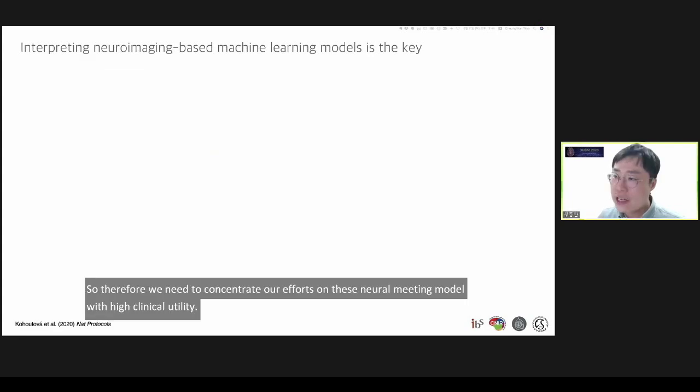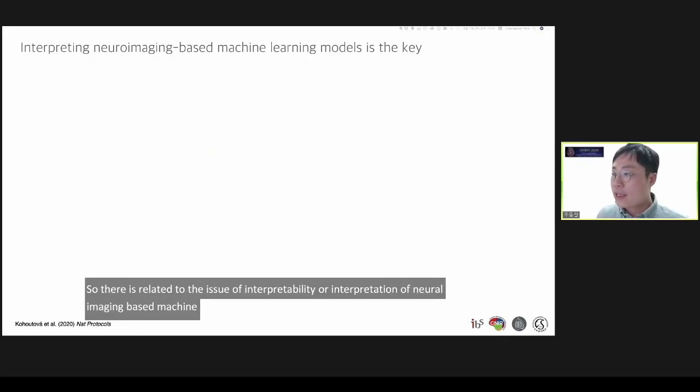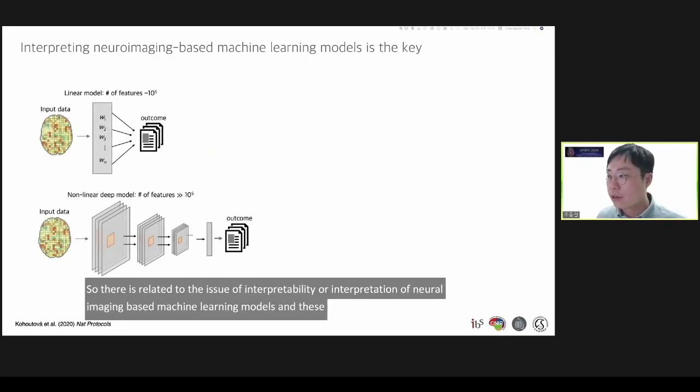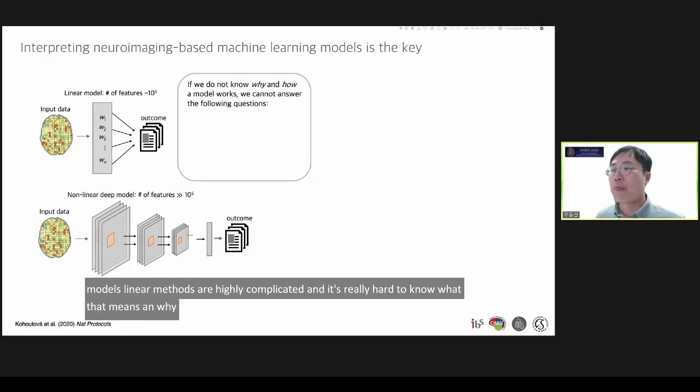That is related to the issue of interpretability, or interpretation, of neuroimaging-based machine learning models. These models, even linear models, are highly complicated, and it's really hard to know what they mean and why and how a model works.